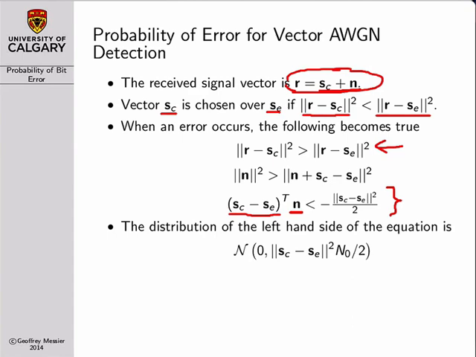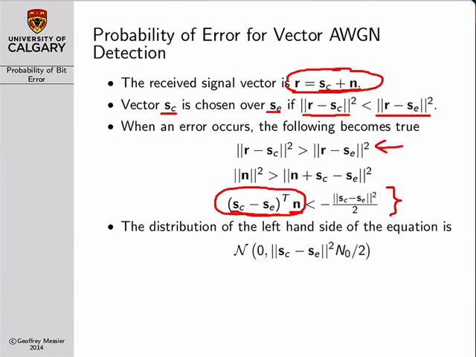So if we focus specifically on the left-hand side of this equation first, n is a zero mean additive white Gaussian noise vector, and we weight the noise terms in that vector with the transpose of the difference between S_C and S_E. When you scale or weight Gaussian noise vectors, you change their standard deviation.